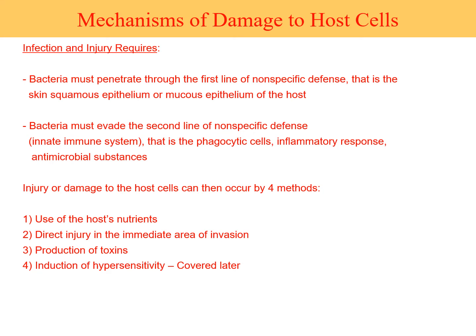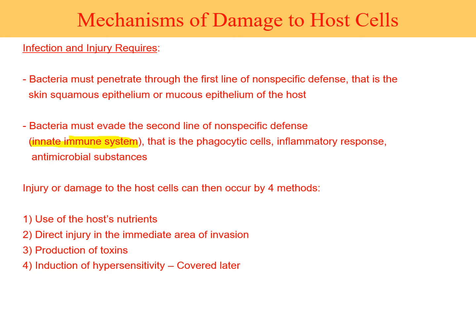Once bacteria enter and get past the first line of nonspecific defense, and that's the very first line, most nonspecific defense mechanism, actually the epithelial barrier between the outside world and the tissues, and bacteria have to get past that, and once they're in there, then they have to evade the second line of nonspecific defense, which is also called the innate immune system.